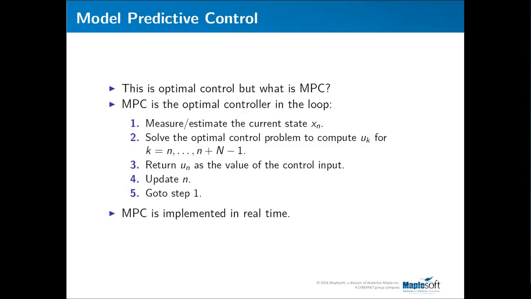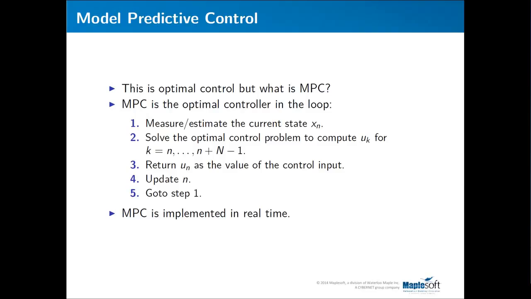What we saw so far was an optimal control problem. MPC is to solve an optimal control problem in each time step of a discrete time controller. The way it works is that while the system is working, we measure or estimate the current state.